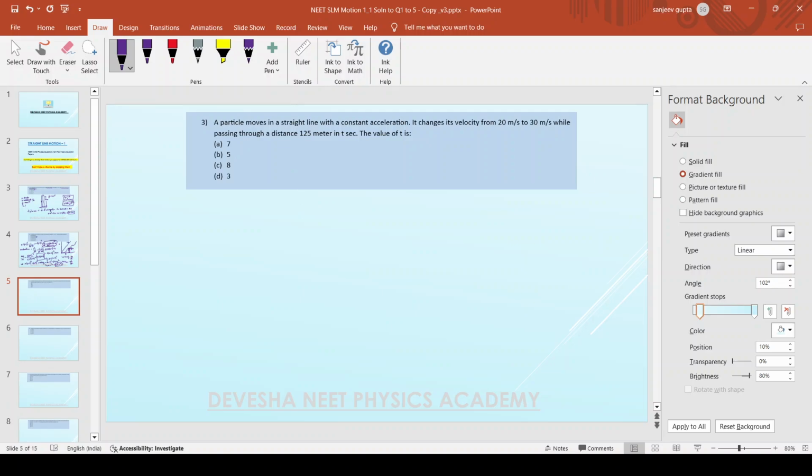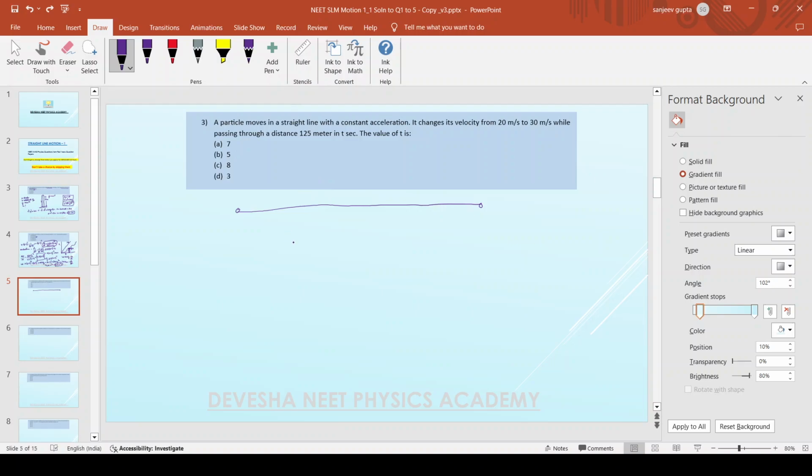A particle moves in a straight line. So imagine that a particle is moving in a straight line like this, with a constant acceleration. Acceleration is constant. Sorry, extremely sorry, the value is not given here.